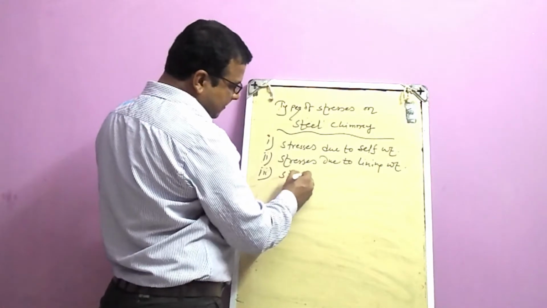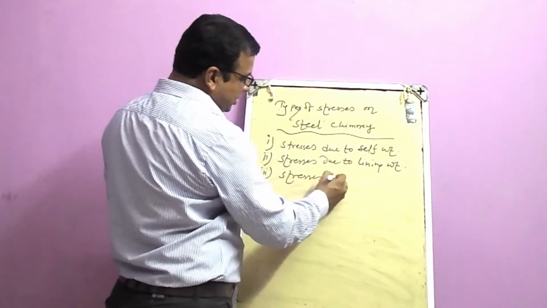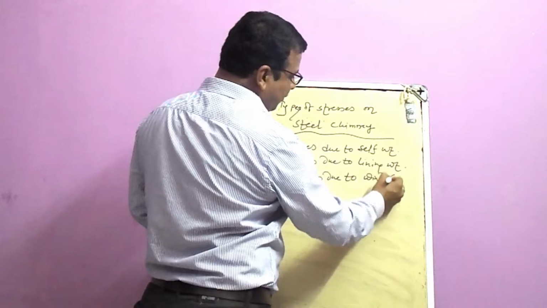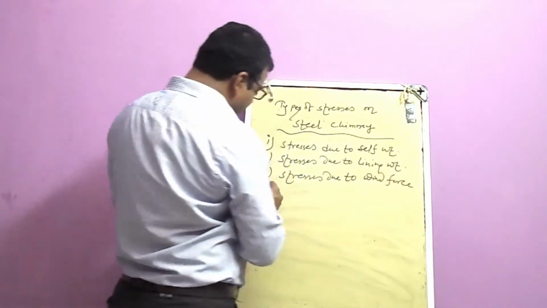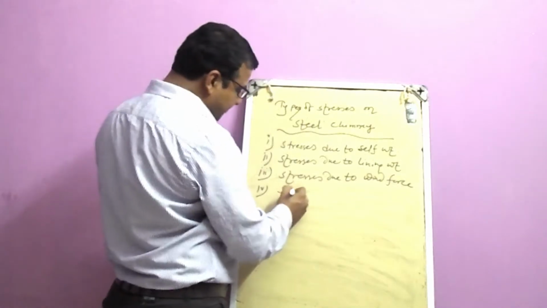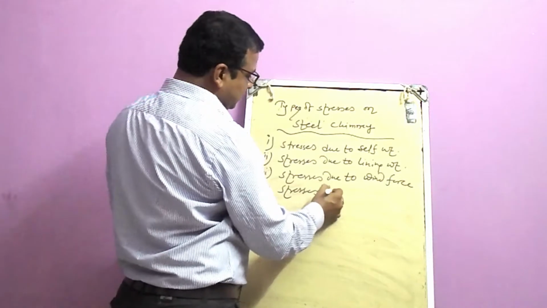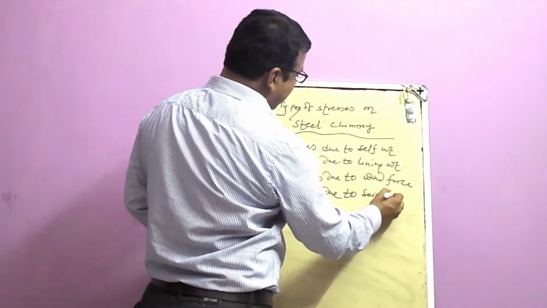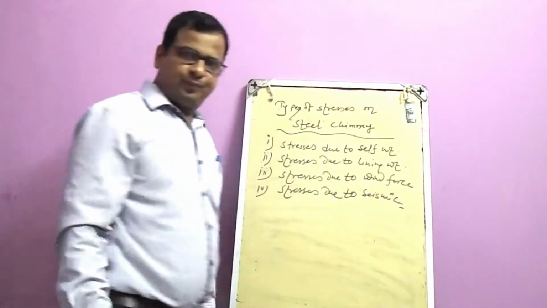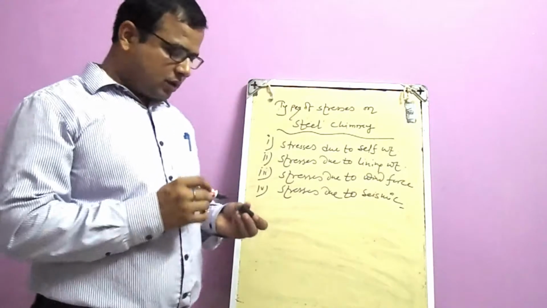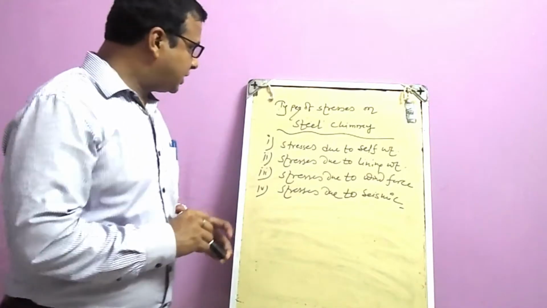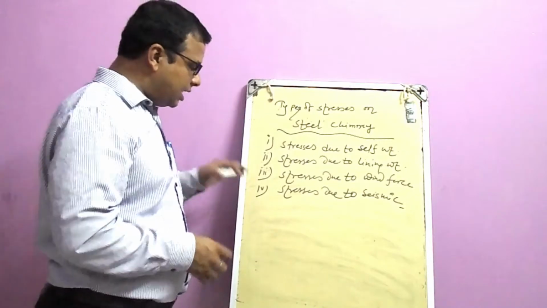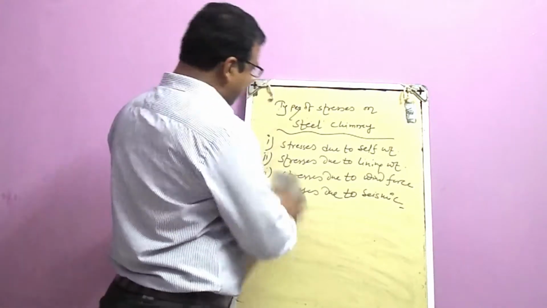Next is the stresses due to wind force, and next one is the stresses due to seismic. So these are all the different types of stresses. Now we will discuss one by one from 1 to 3, and we will not discuss the seismic forces.